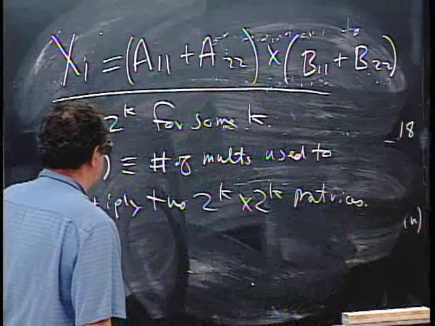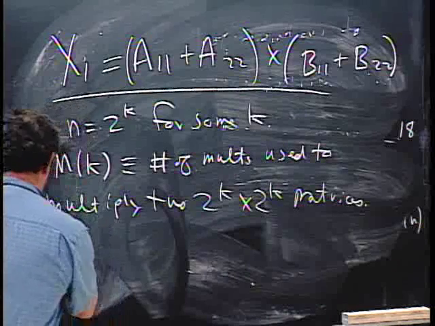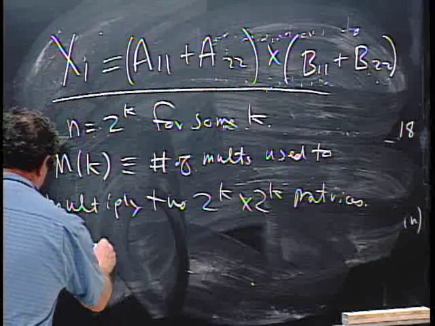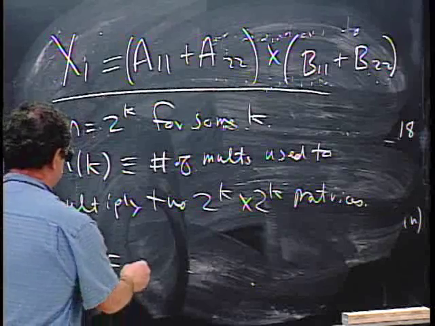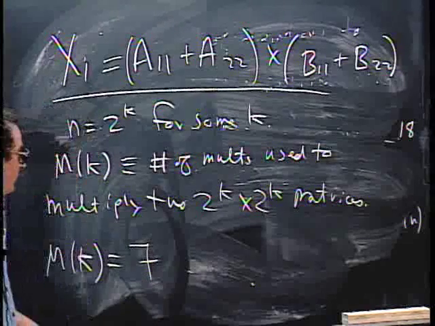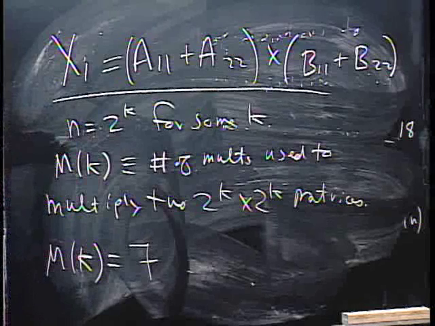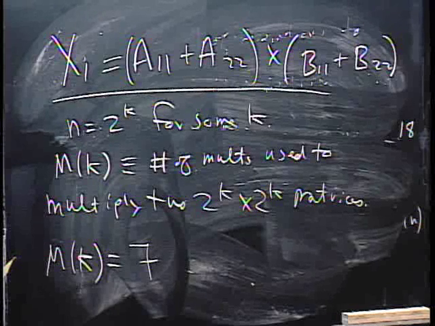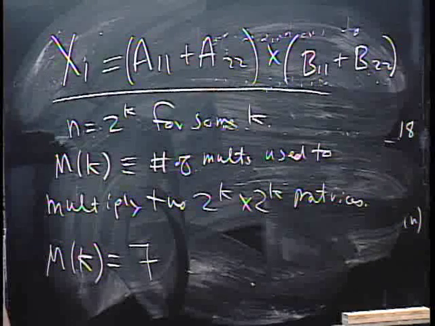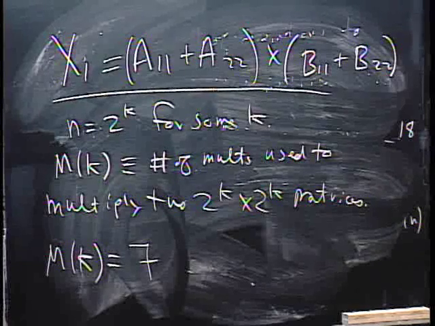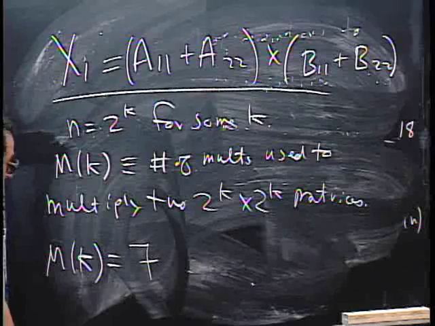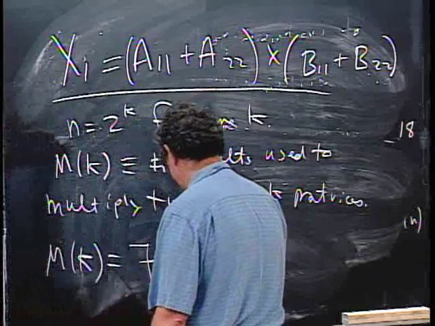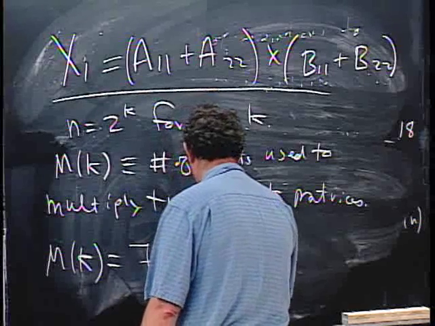Okay? So in that case, M_k is equal to, well, we know we have 7 multiplications of matrices that are now n over 2 by n over 2, which means they're dimensions 2 to the k minus 1 by 2 to the k minus 1. So M_k is equal to 7 M_{k-1}.